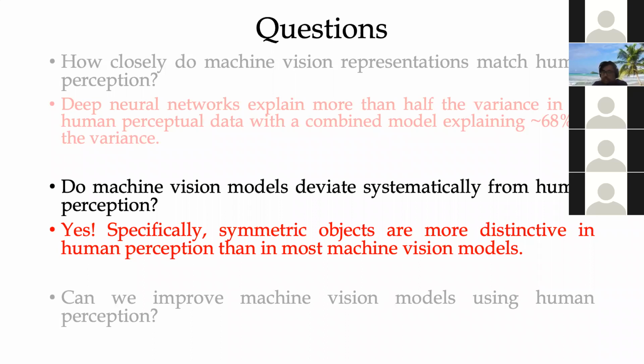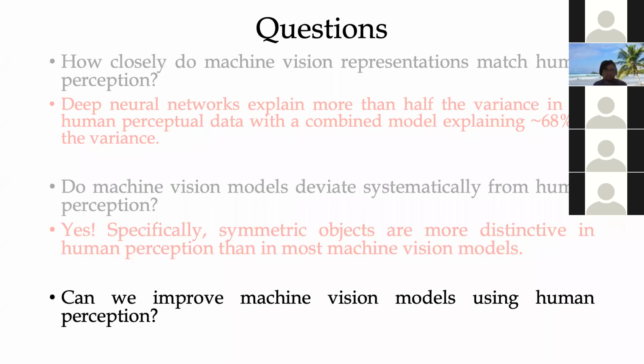The reason I'm stressing symmetry as a property here is because it is pretty important for the third question: can we improve machine vision models using human perception? To answer this, we specifically looked at the symmetry property and tried to see if we augment a deep neural network with symmetry-related information, will its object recognition performance actually improve?